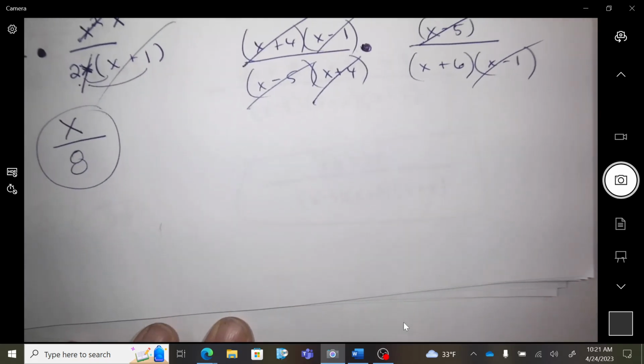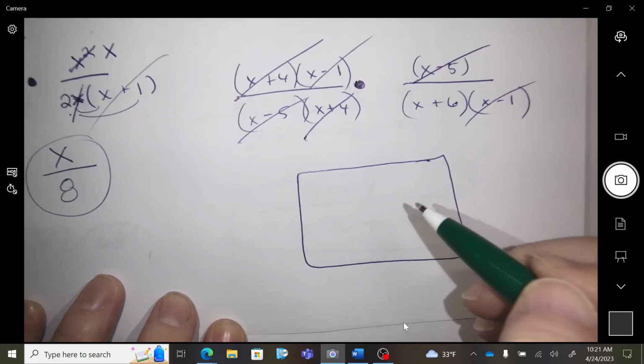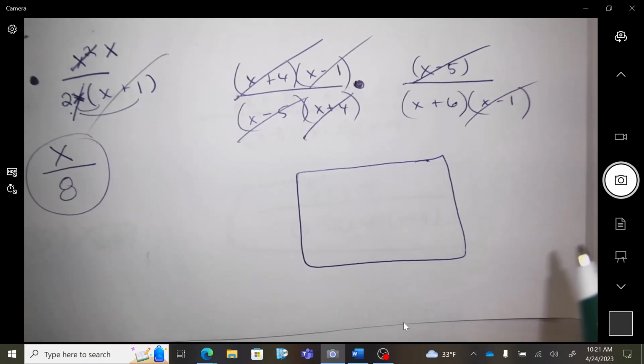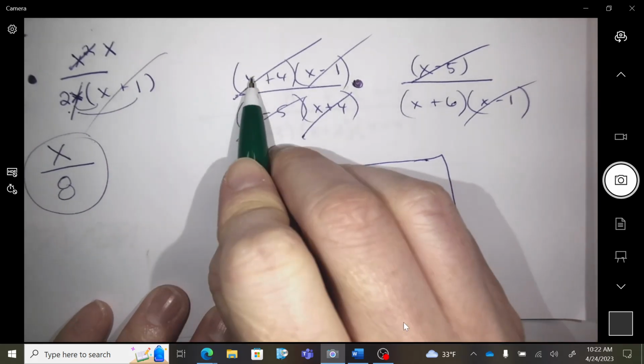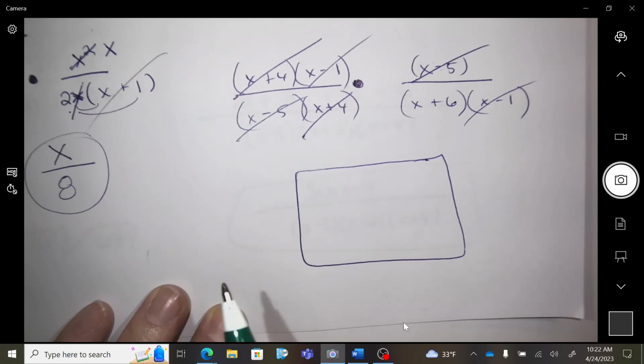So how do you write your final answer? I get 20% of people that write this wrong on their test. How do you write this answer? What do you have left on the top? What happens if the whole top did cancel? What is the number value?